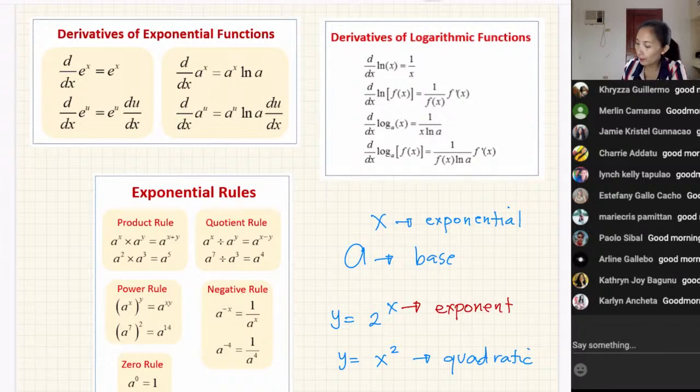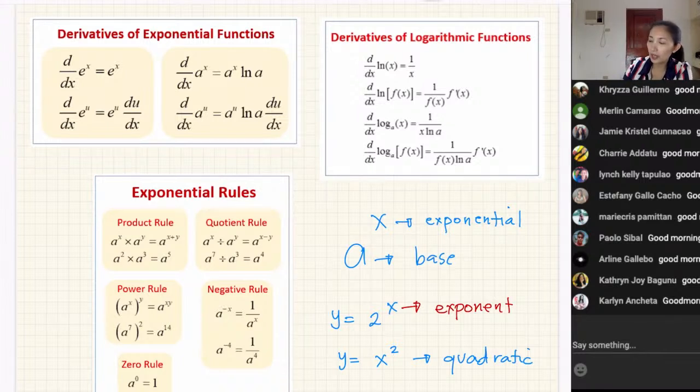For example, a raised to negative 4 is 1 over a to the 4th. And the zero rule: a raised to 0 is equal to 1, except for 0 raised to 0.